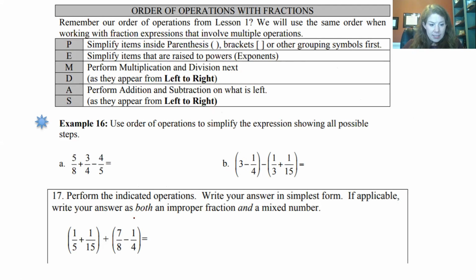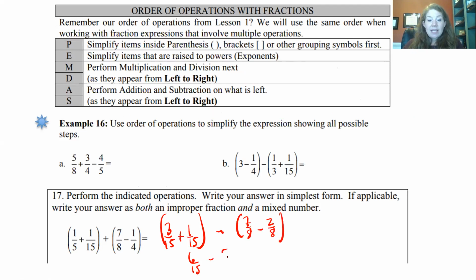All right, so on number 17, we're going to use a denominator of 15. So we have 3/15 plus 1/15, and that's 6/15. And we're going to subtract 7/8 minus 2/8, and we get 5/8. All right, so then a common denominator, 15 and 8, is going to give us 120.